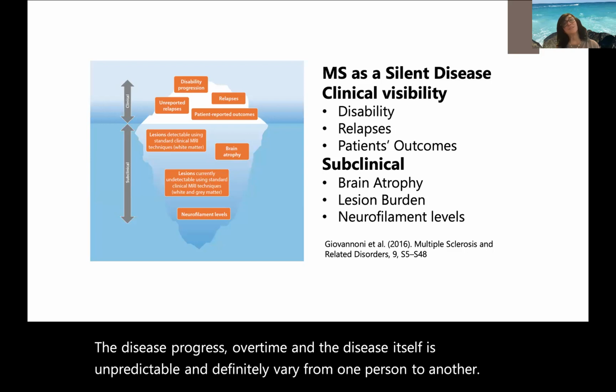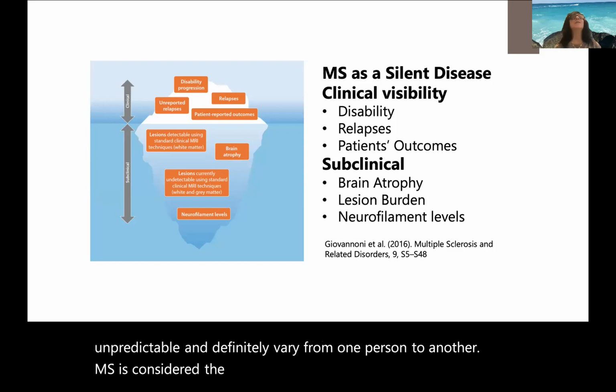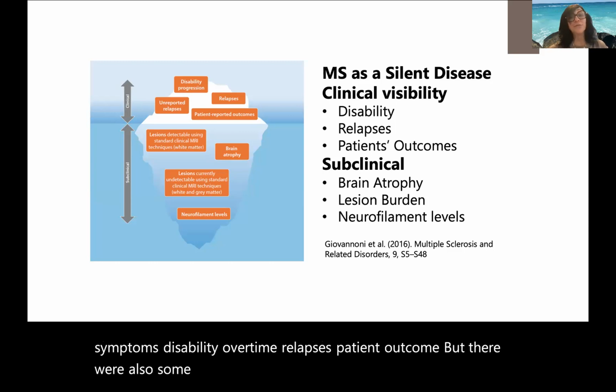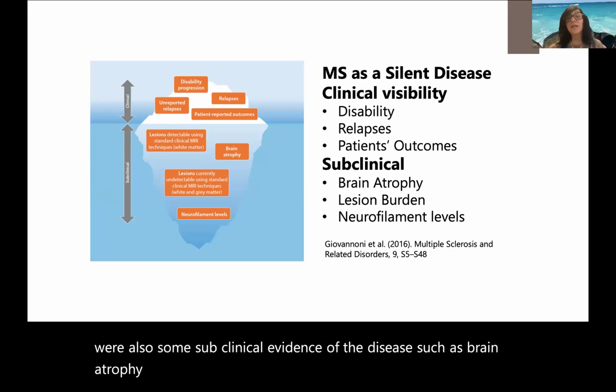MS is considered a silent illness. There are some clinically visible symptoms, disability over time, relapses, patient outcomes, but there is also subclinical evidence of the disease, such as brain atrophy, lesion burden, and neurofilament level, which we'll discuss briefly later.